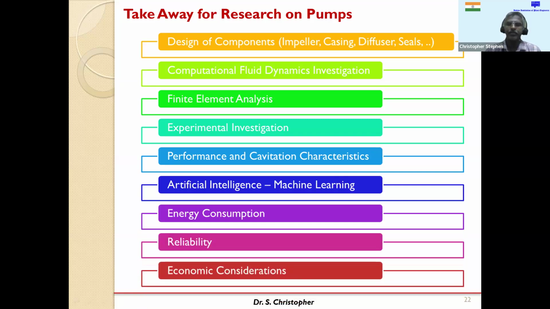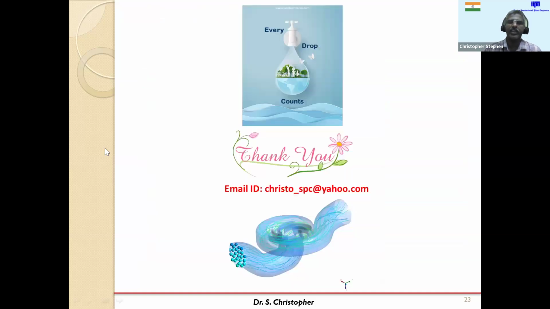And finally, sorry, economic consideration. We need to look at the budget also, because we may think my pump is going to be the best, and I have designed it with the help of various tools. But if the cost is more, definitely it does not serve the purpose of the pump user, because for agriculture purposes, the cost of the pump should be less. Then only they can buy it and use it for agriculture.